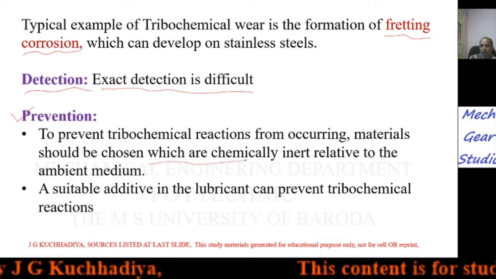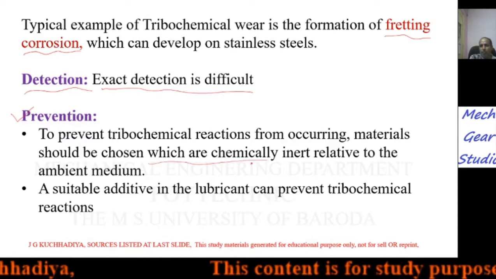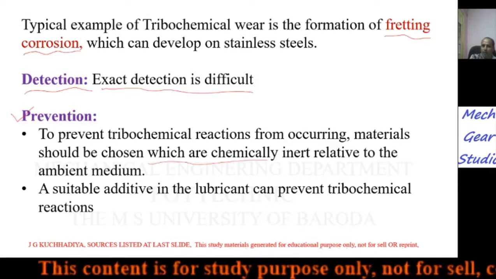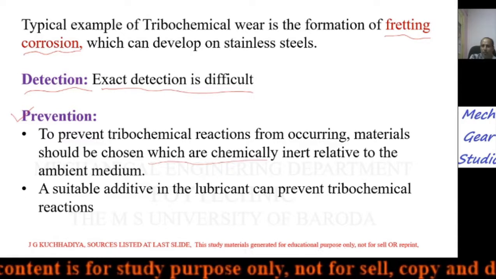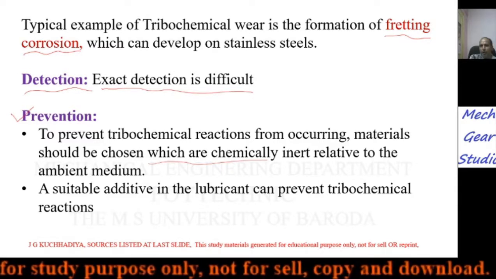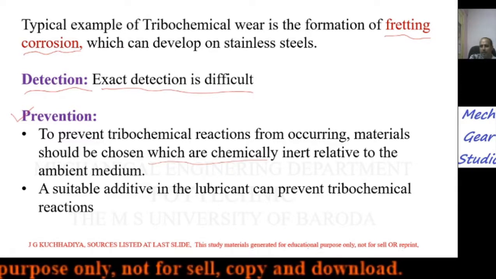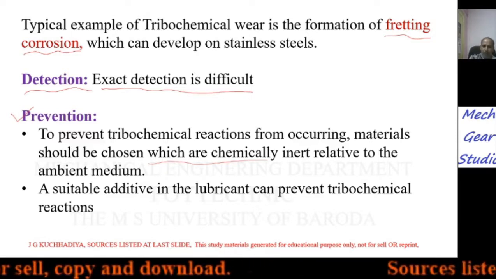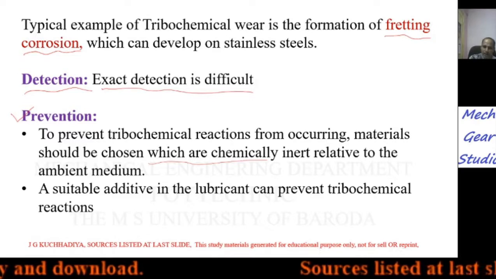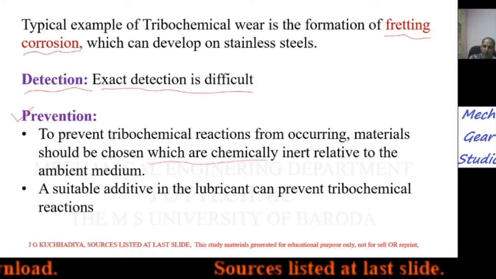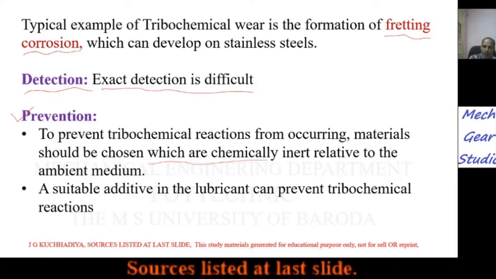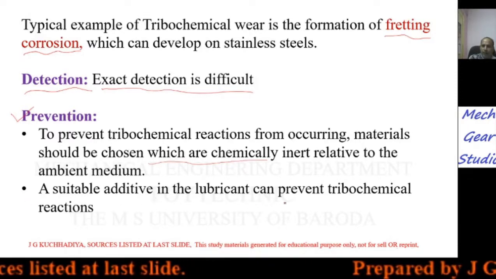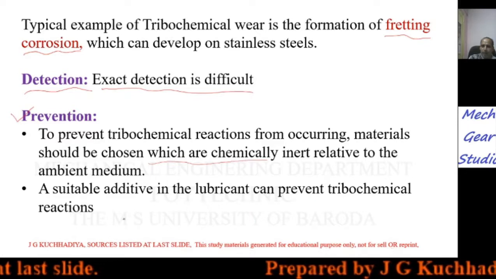Some metals available in the earth's crust are pure and do not react, but not all metals are produced in pure form. So that is one of the criteria, and if possible we can apply it: oxygen inert or ambient inert material. A suitable additive in lubricant can also prevent the tribochemical reaction.